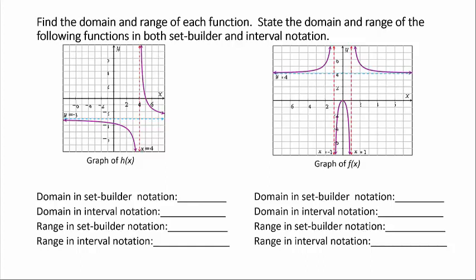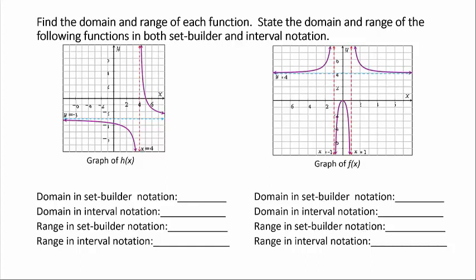In this first example, we're going to look at this graph of h of x. We see that it has a vertical asymptote at x equal 4. You see that red dashed line there? That is basically saying the graph is tending toward that vertical line, but it's not actually going to touch it. There's not actually going to be a y value associated with that value of x.